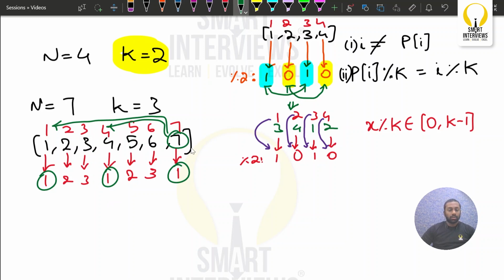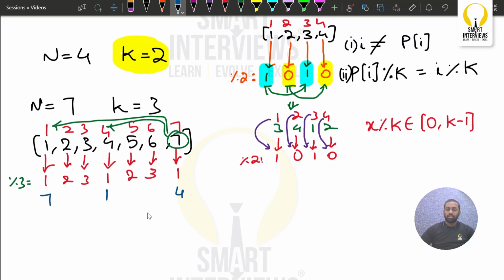So numbers having the same remainder can be placed in multiple slots, that is, the indices can be interchanged. So I'll put 1 in the 4th slot, 4 in the 7th slot, and 7 in the 1st slot.